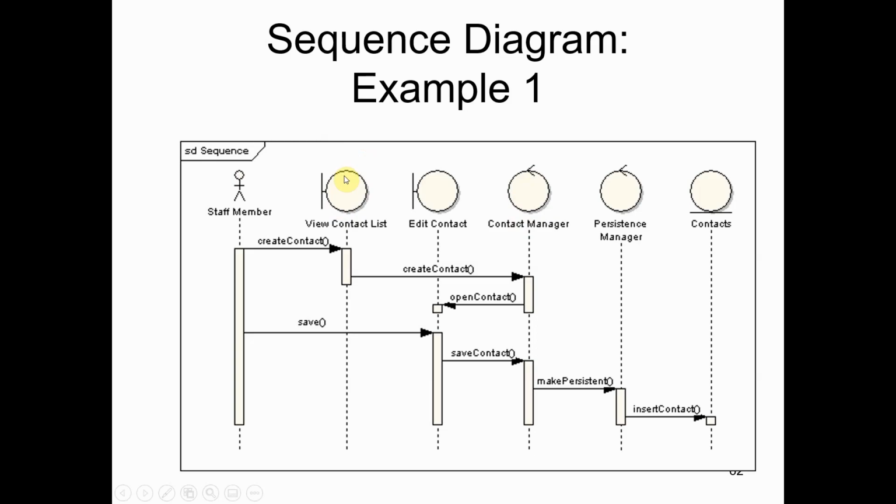In the transition between the interfaces, there must be something behind to coordinate. That's the control object's job.